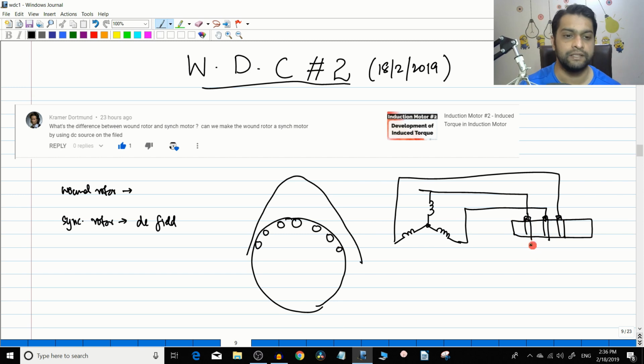These are the 3 slip rings, and from here you have terminals. When you run the motor, they short these out. This is the connection that is used. For starting of induction motors, they can add a resistor here so that they can improve the characteristics of the induction motor while using a wound rotor. So they are made differently, and you don't have to intermix all these things. I hope that is clear.